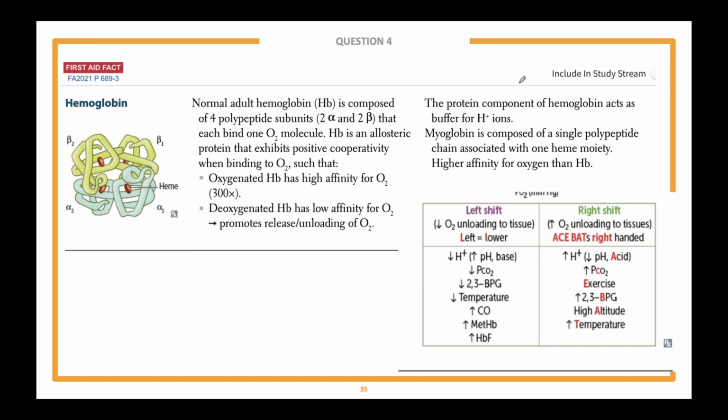This allows for more efficient offloading of oxygen at the tissue level. You can see in the right column of that table at the bottom right, an increase in 2,3-bisphosphoglycerate leads to increased oxygen unloading to tissues.